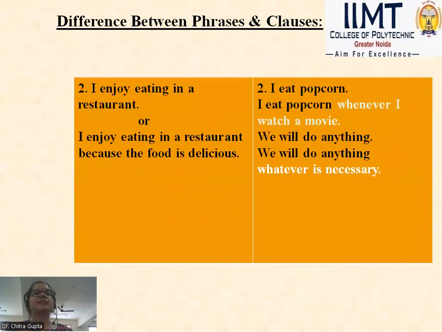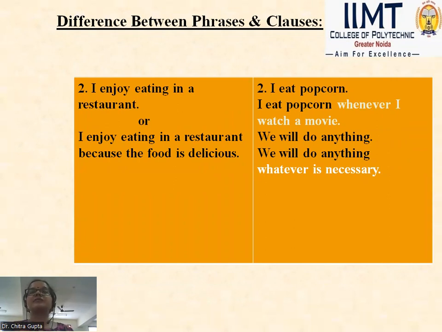Take for an example, I enjoy eating in a restaurant. The sentence is complete in itself and the independent clause is complete in itself. But we can say in another way also, I enjoy eating in a restaurant because the food is delicious, because the food is tasty.